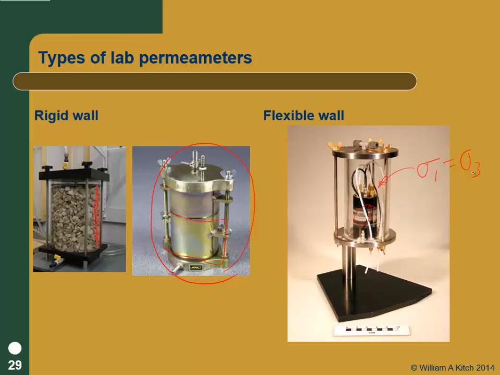It really seals the membrane up against the sample, so we don't have to worry about sidewall leakage. Plus, now we can test the soil under different stress conditions. So if we're worried about what's going to happen at the bottom of the dam or the bottom of the landfill liner as it gets filled up, and the total stress in the sample is going up, we can measure the hydraulic conductivity at different stress levels, which means different void ratio. So that's a nice advantage.